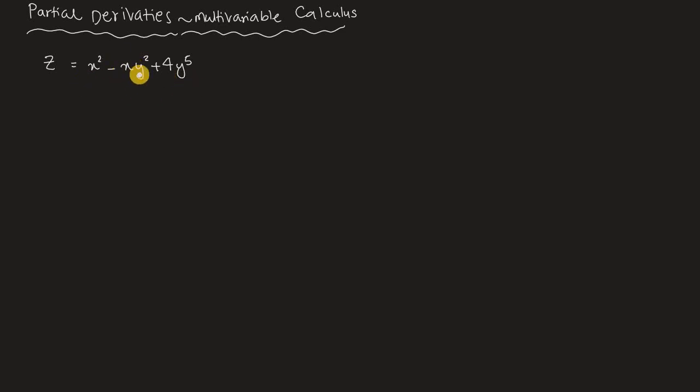So here you see you have x and y. Before, you would have a function like f of x equals x to the power of 5 minus 4, a function like this, right? And you would simply take the derivative like this, right? But in here, notice you have a two variable function.